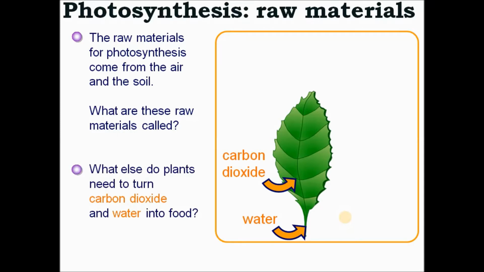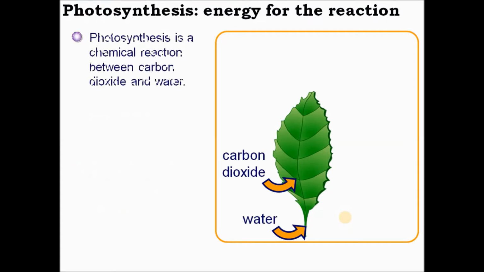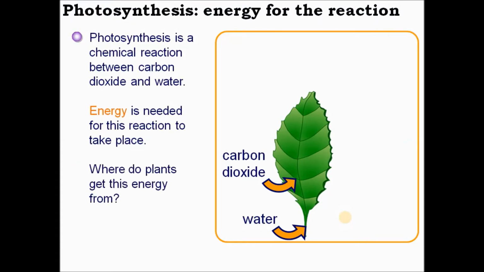What else do the plants need to turn this carbon dioxide and water into food? Yes, to combine this carbon dioxide and water, the plant also requires energy. Since photosynthesis is a chemical reaction between carbon dioxide and water, energy is needed for this reaction to take place. Where do plants get this energy from? Yes, just now I have told you sunlight is the source of energy for the plant.